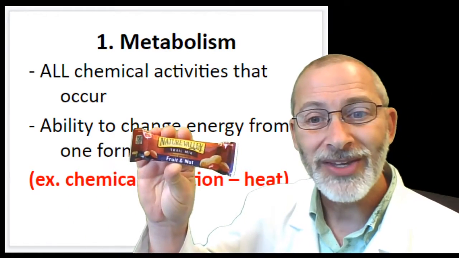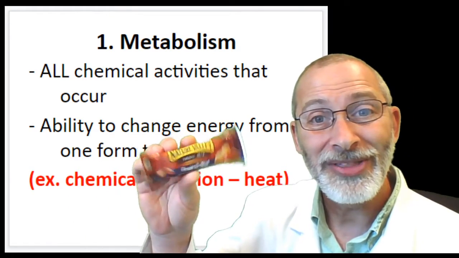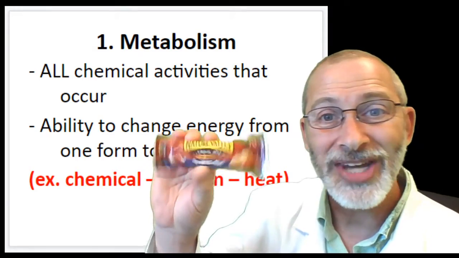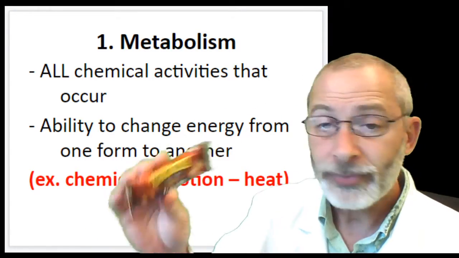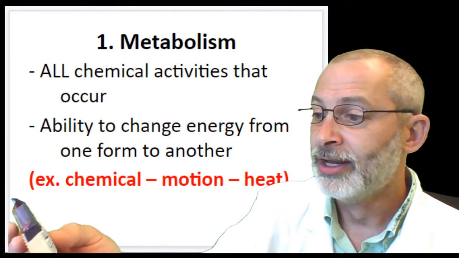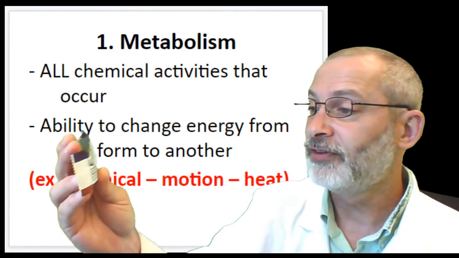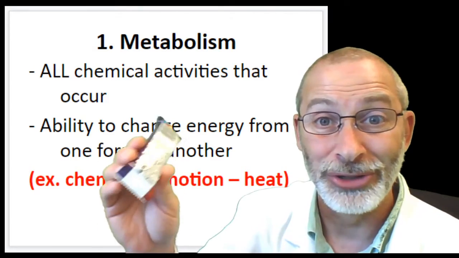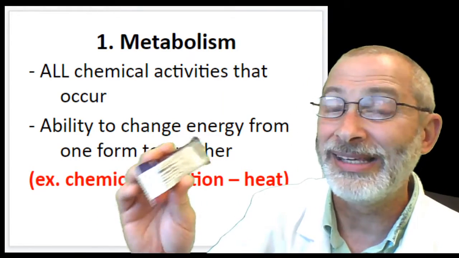So, breakfast, you are breaking the fast, a period without food, because food, like my little Nature Valley trail mix fruit and nut bar that I enjoy as a little snack during the day, has energy in it. In fact, energy in food is measured in calories. There's 150 calories. Next year in eighth grade, you'll learn exactly what a calorie is.